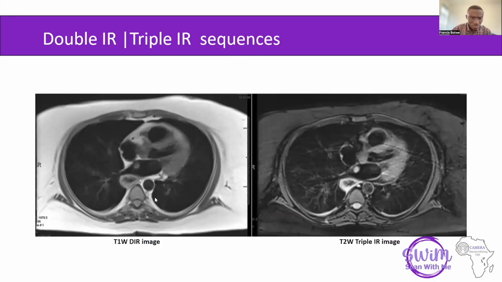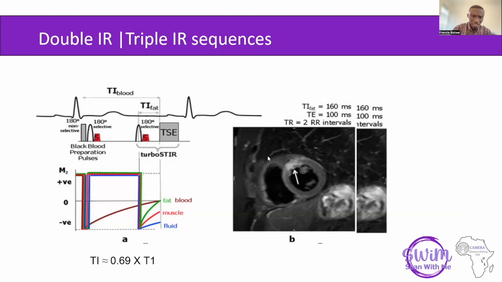And how do you, we can move back. Sorry. How do we get our inversion times for the various tissues? We have a formula down here, which you can use to calculate the inversion time. The inversion time is equivalent to 0.69 times the relaxation time, T1.